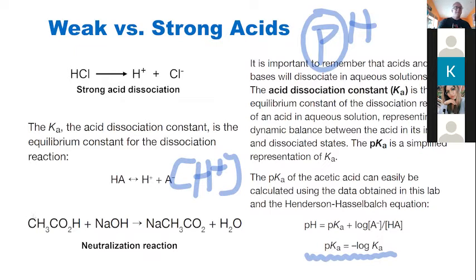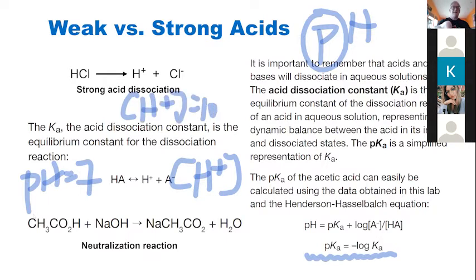for instance, a pH of 7 means that the concentration of H plus is 10 to the minus 7 molar. That's what it means. So putting a P in front of something means you're taking the minus log of a concentration. So the pKa is just minus log of the Ka, like it says here.